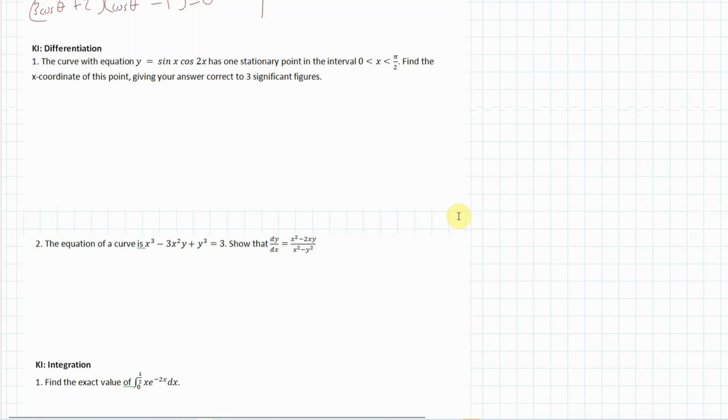So differentiation looks like we're using the old product rule here.